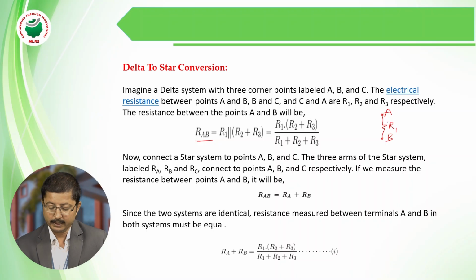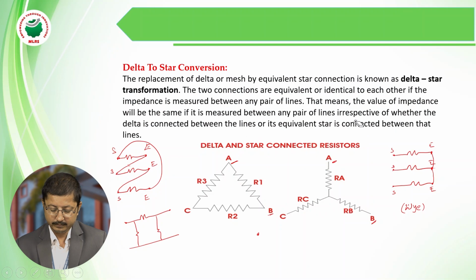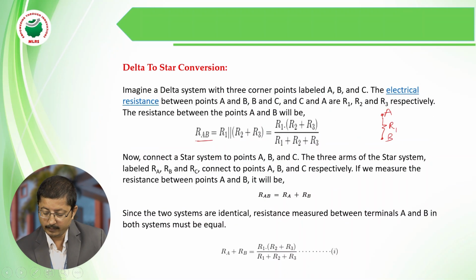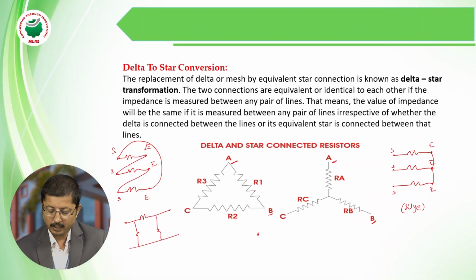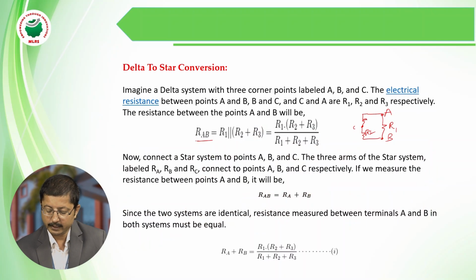So between the 2 points we have R1, and here 2 resistors are there, as you can see in the diagram. R2 and R3 are connected in series with respect to these 2 points.